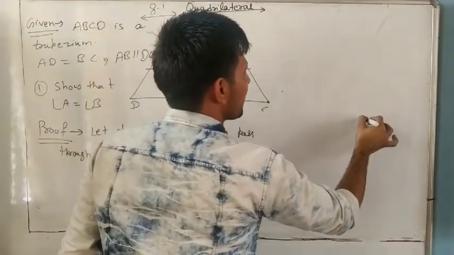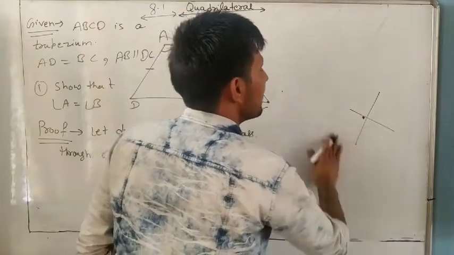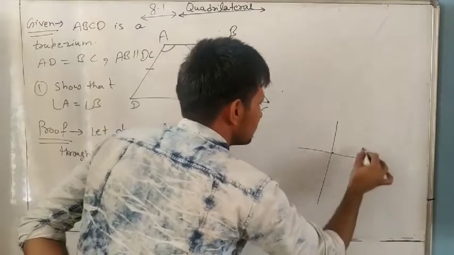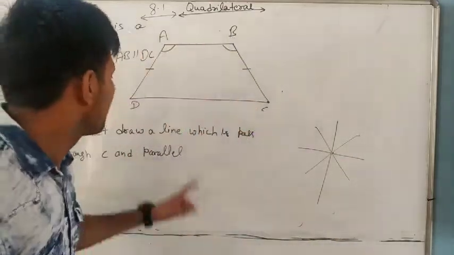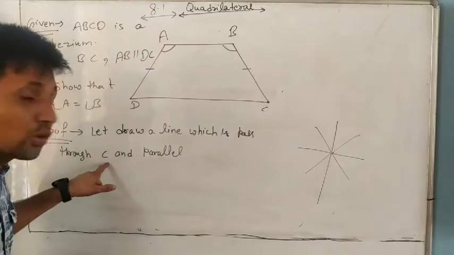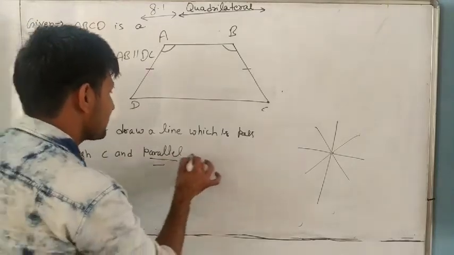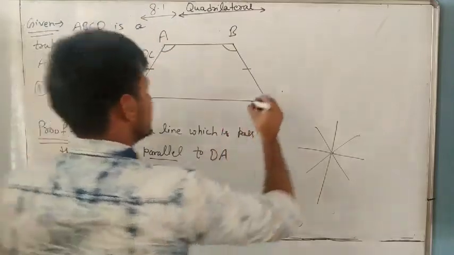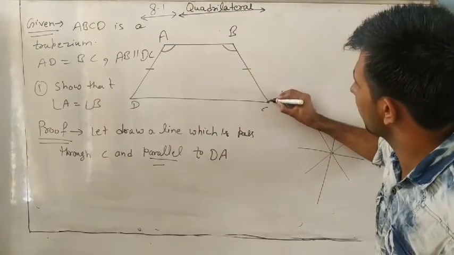Because from one point, how many lines can we pass through? Infinite. But we want to draw a line which passes through C and is also parallel to DA.